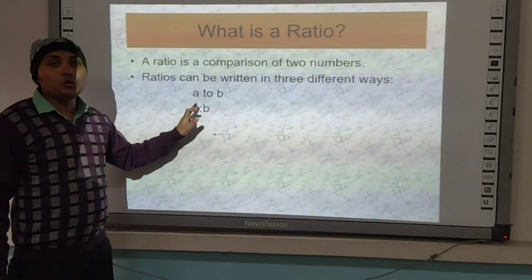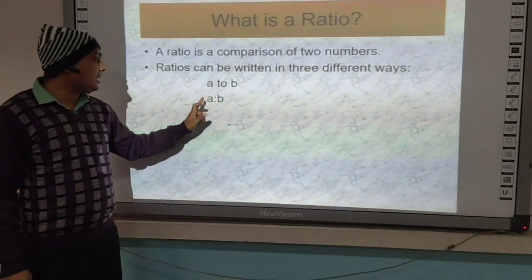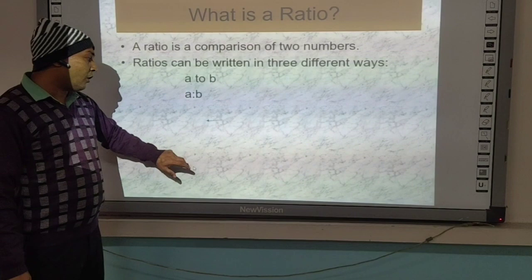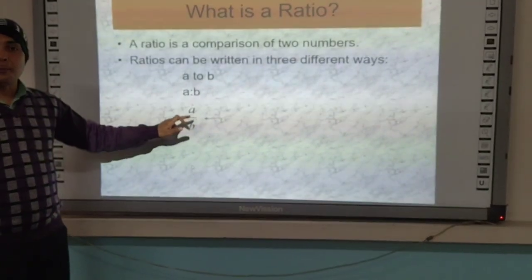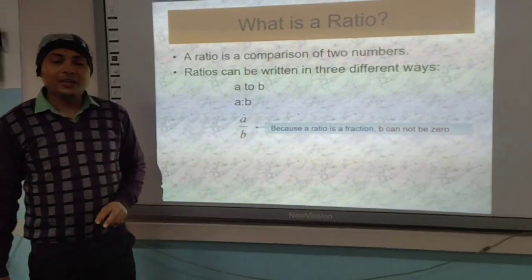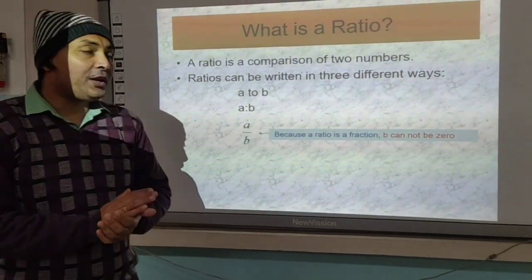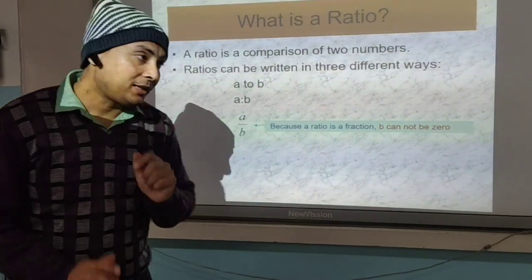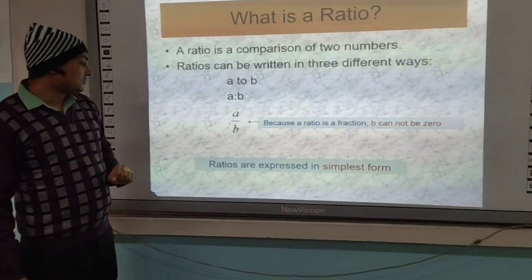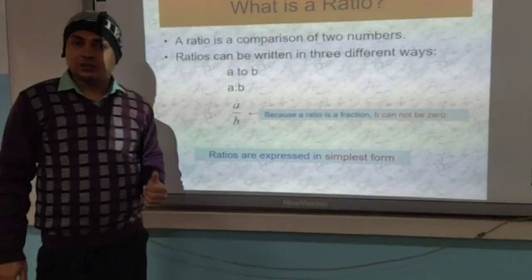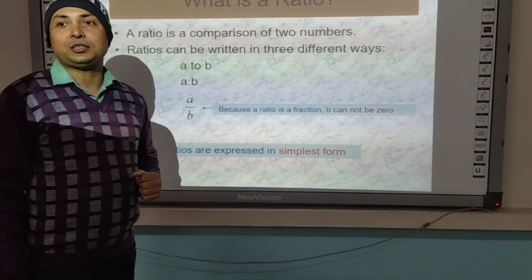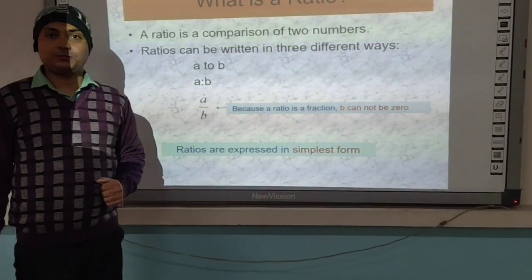A is to B, or we may say A ratio B. It can also be written A upon B. So we can say ratio is a fraction, but B cannot be zero. So this one was the ratio which we have already learned. Today we will discuss the proportion.